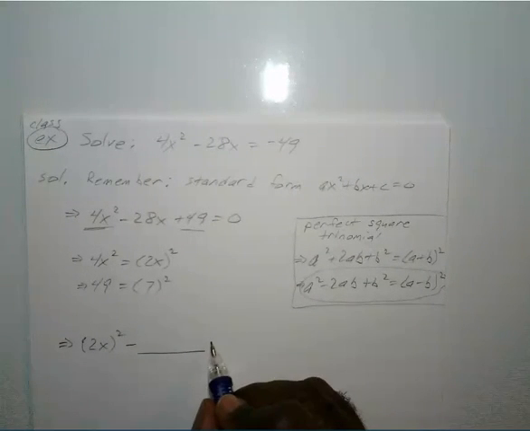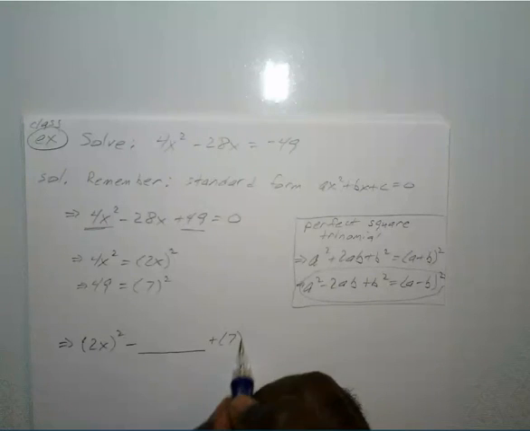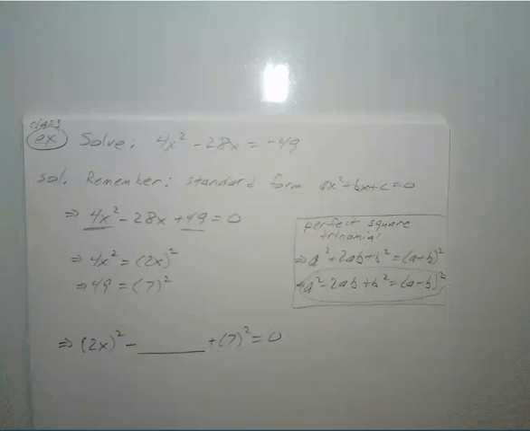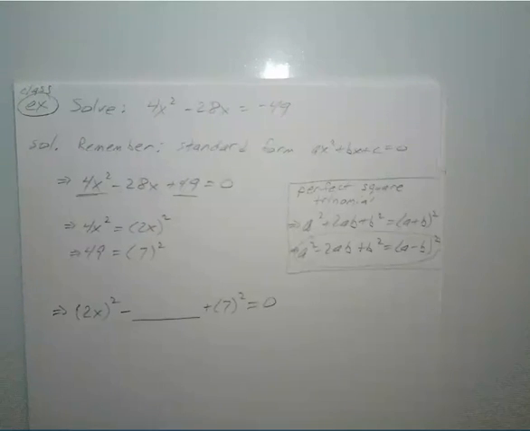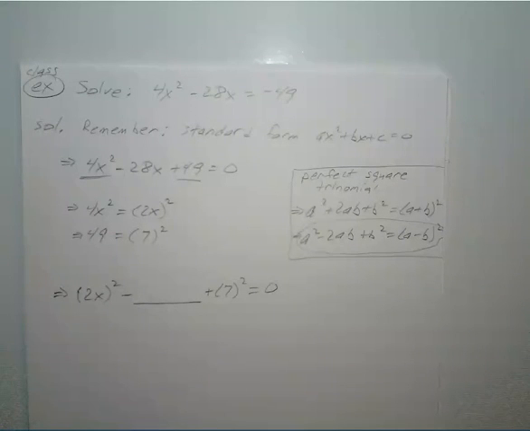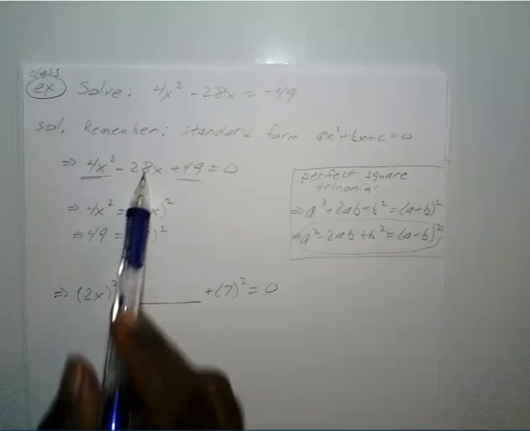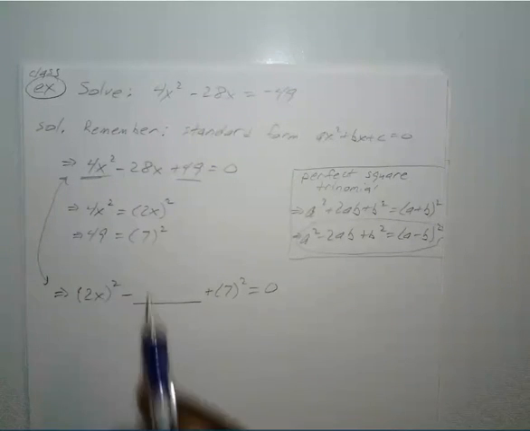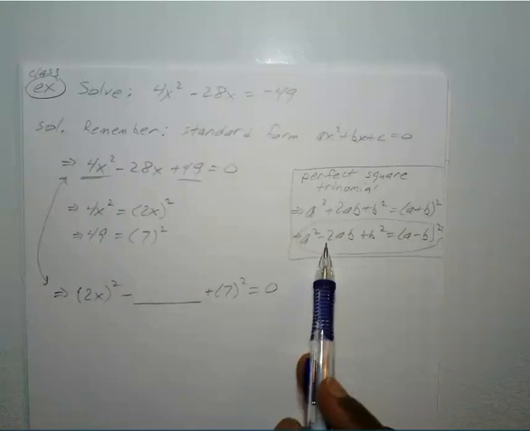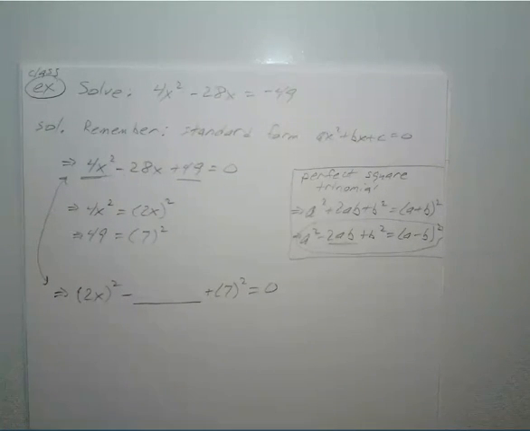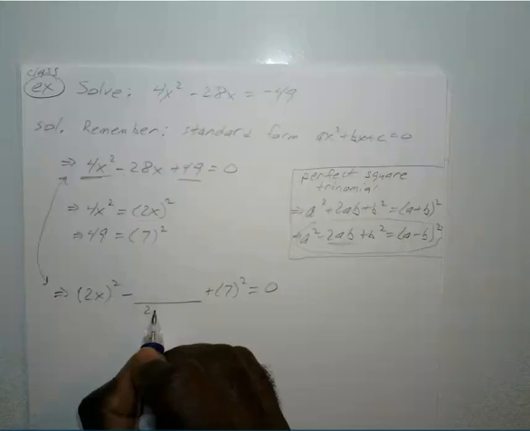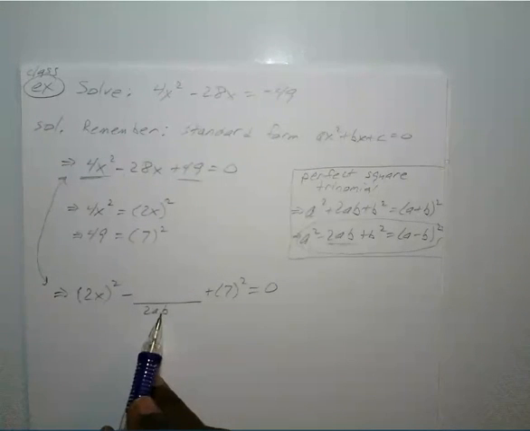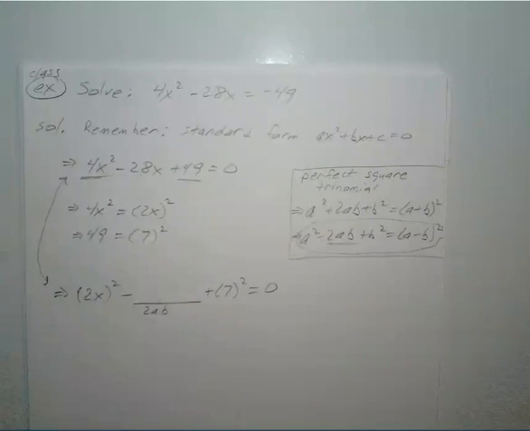And 49, we'll make that 7 squared equals 0. So that means for these two to match up, this middle term has to equal 2 times a times b. Okay, and that 2 times a times b has to equal 28x.